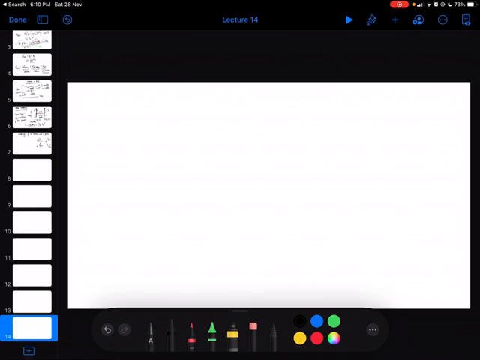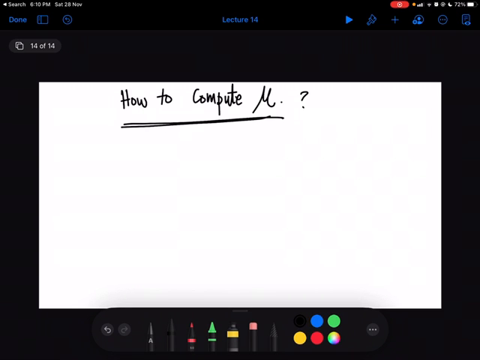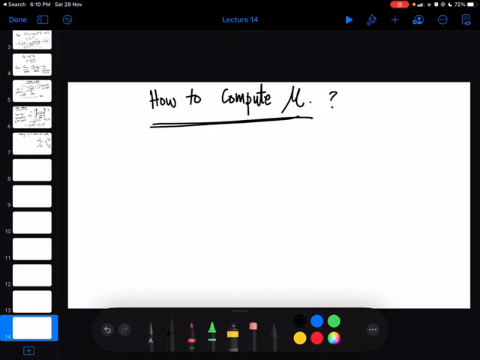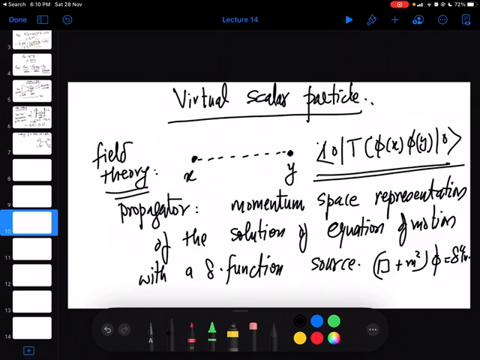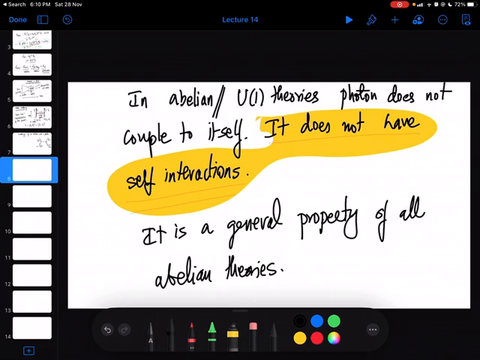So I made this comment, essentially: how to compute M, the matrix element. All these processes which I have done so far, these diagrams, the space-time representation or whatever I called it, this is called a Feynman diagram.